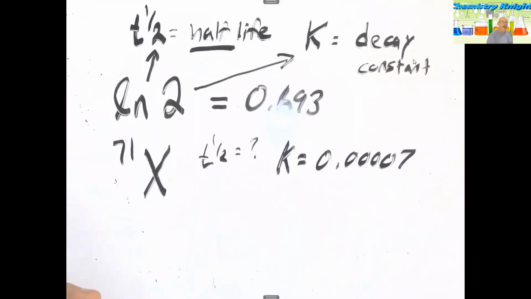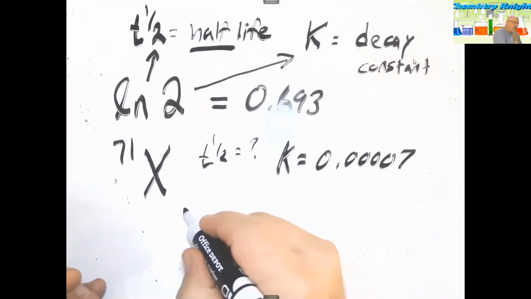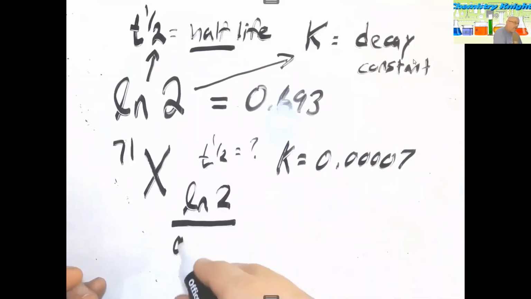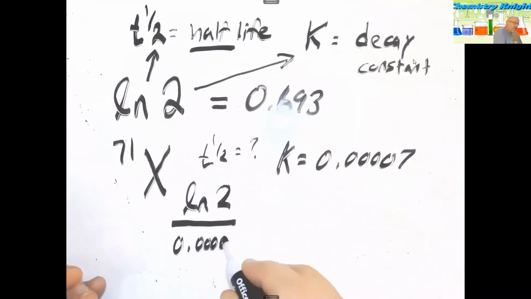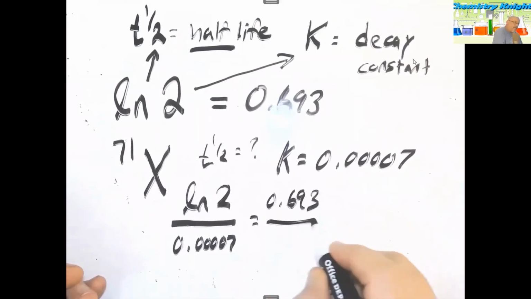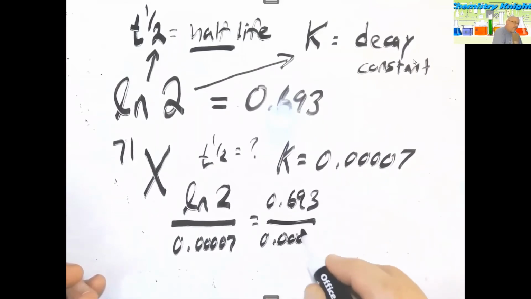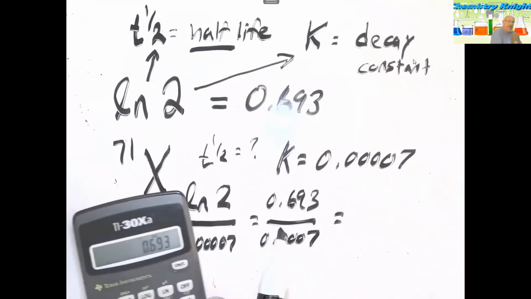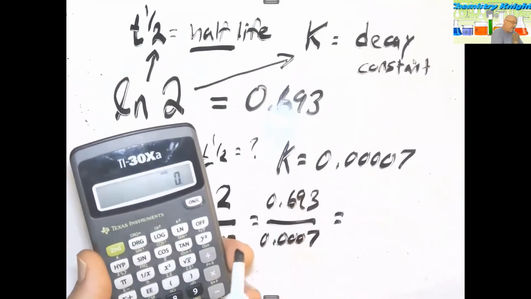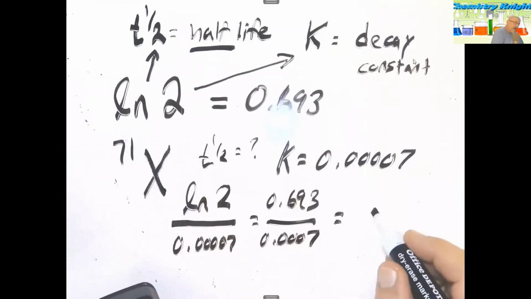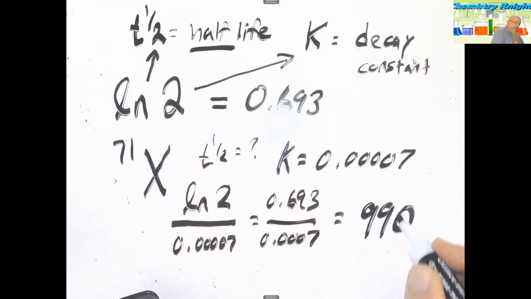Okay? All right, so again, natural log of 2 divided by the thing that we know, which is K, which in this case is 0.00007. And this is actually 0.693 divided by 0.00007. So now we just do the math, 0.693 divided by 0.00007, and we determine, hey, it's 990 years. That's the half-life.